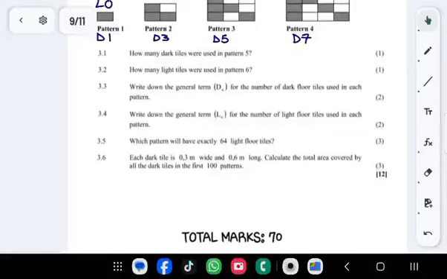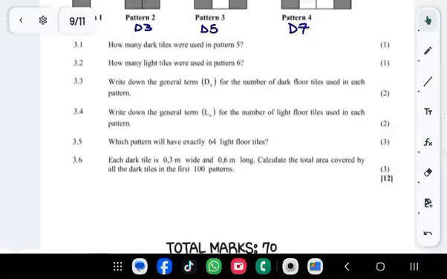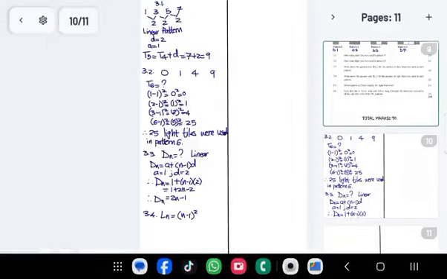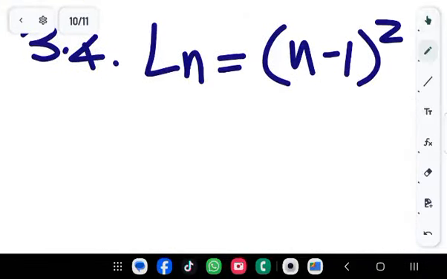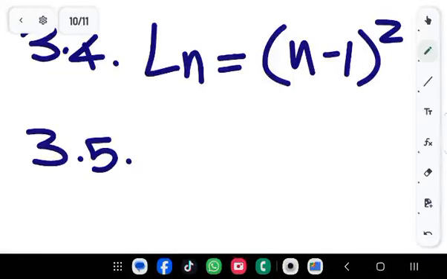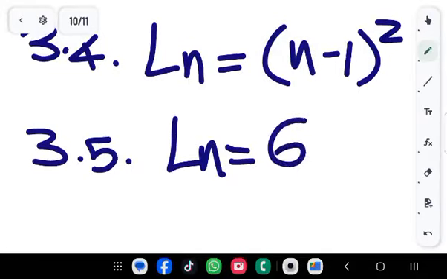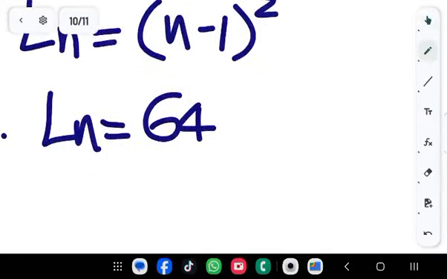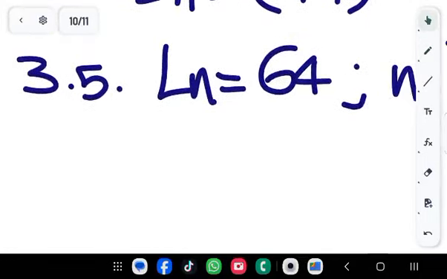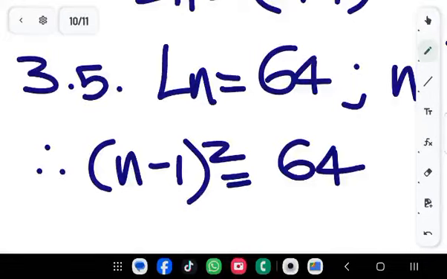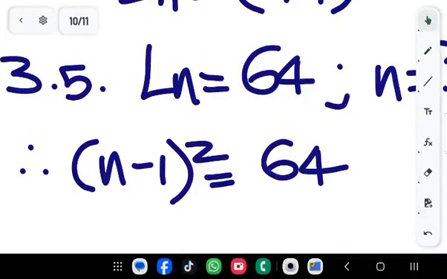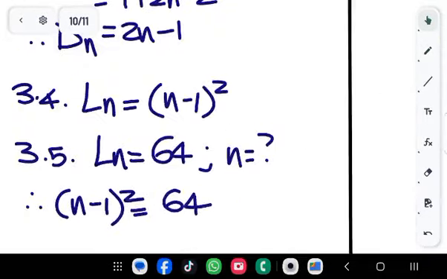Okay, 3.5, which pattern will have exactly 64 light tiles? So we're looking for light tiles equal to 64. What is n? If that equals 64, what is n? Therefore, (n minus 1) all squared equals 64.